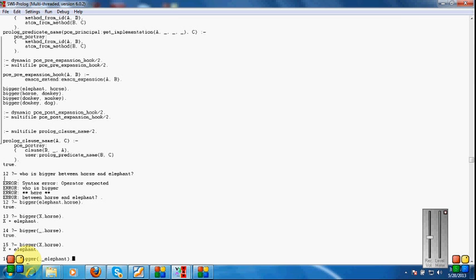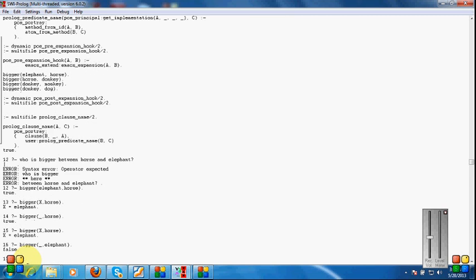Now I'm looking at: is the elephant playing anywhere in the knowledge base the role of smaller? If the answer is true, then elephant cannot be the largest. But the answer is false, which means elephant is the largest. It means elephant is never playing the role of smaller. There is no clause in the fact base or the knowledge base where elephant comes at the position of smaller. So it is the biggest.